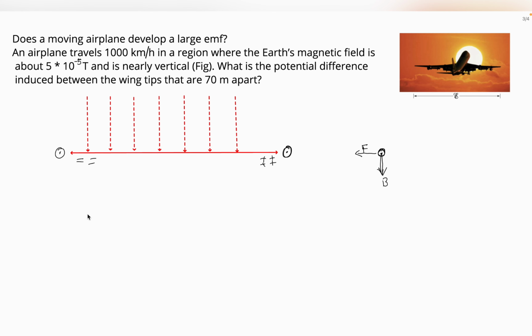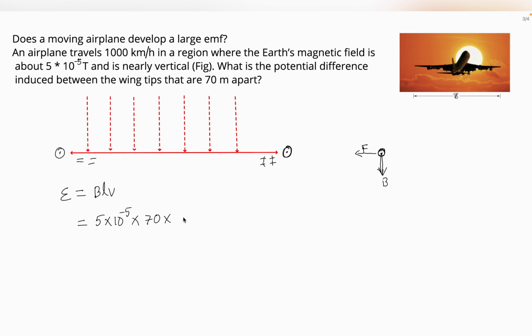So we have already seen that induced EMF in a moving conductor is given by BLV. So by substituting the values here, the magnetic field is 5 times 10 power minus 5 Tesla, times the wings are approximately 70 meters apart, times the velocity.